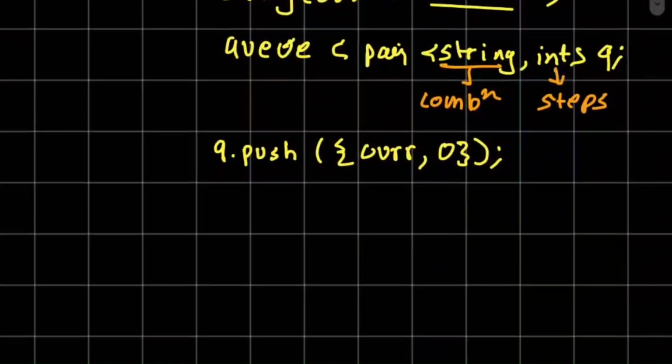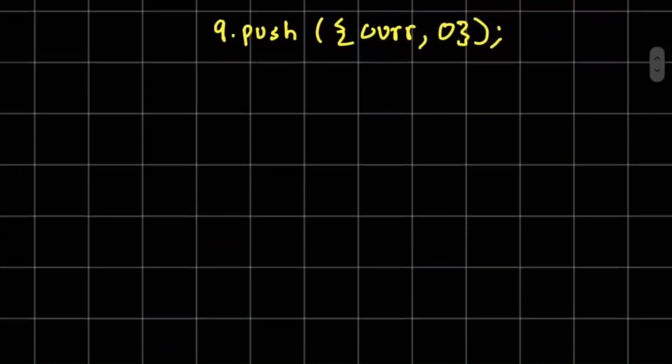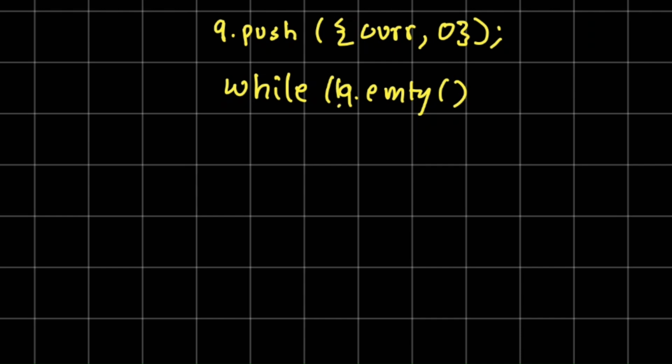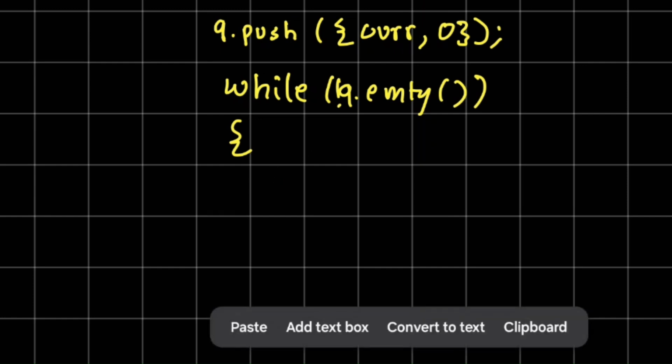Okay, so now let's make a while loop. While queue is not empty, sorry. Then we will pop the current or the front from the queue. So let's name the front as current state.